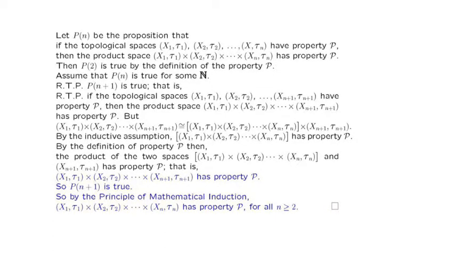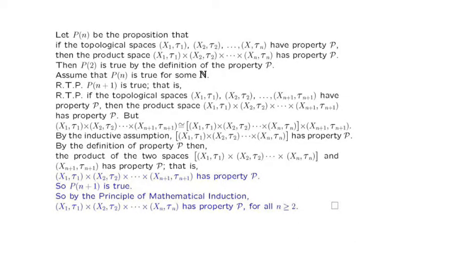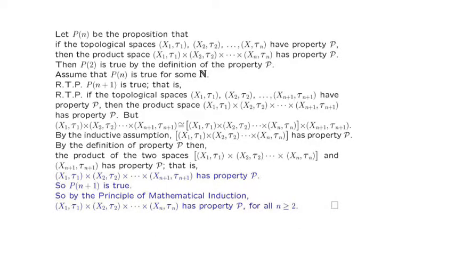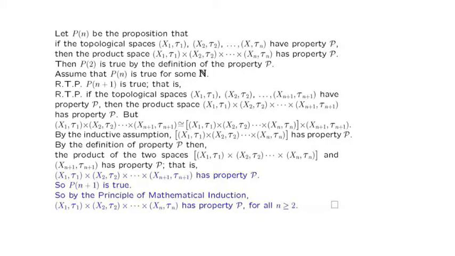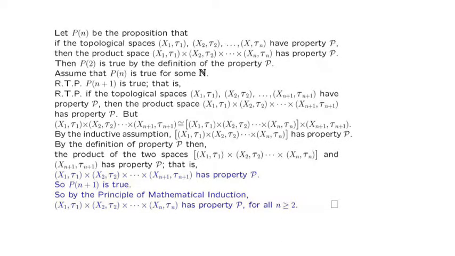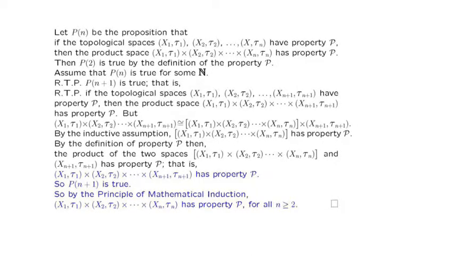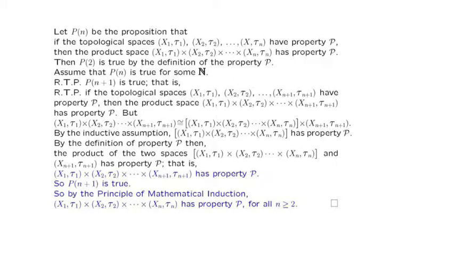We call this case, say, n equals m. We prove that P(m) is true. Then we assume that P(n) is true for some n, and using that inductive assumption, prove that P(n+1) is true.